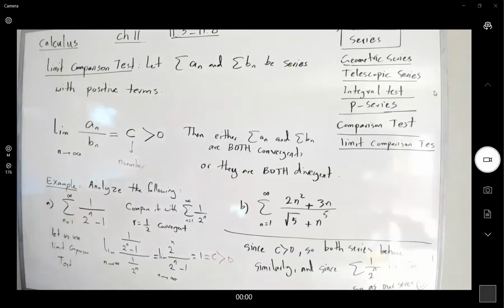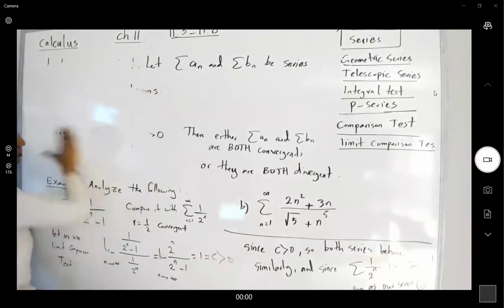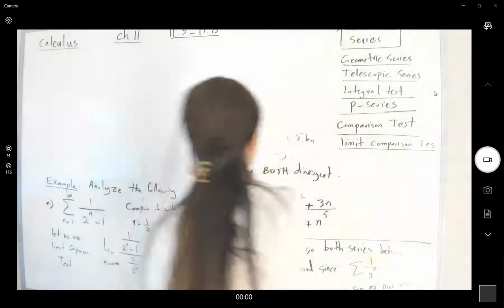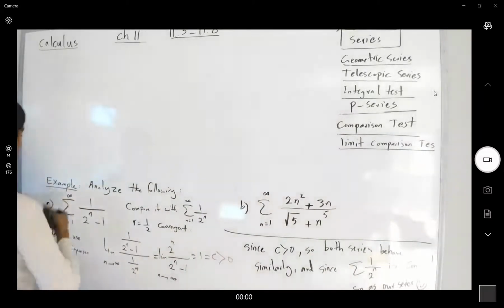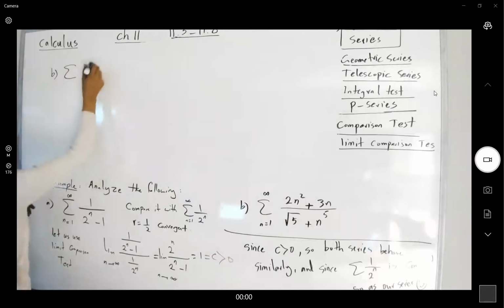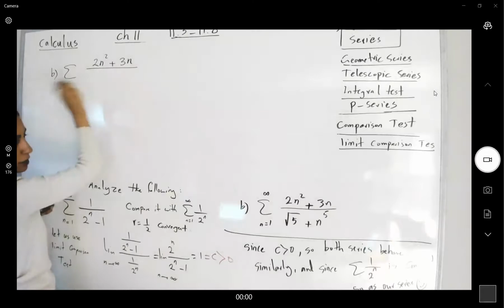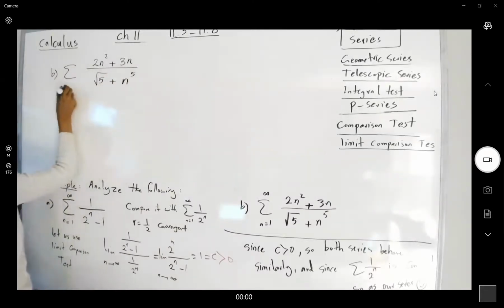So I'm going to write down this one here. I need more space. So b is this series, 2n squared plus 3n divided by the square root of 5 plus n to the 5th, starting from 1 and going to infinity.